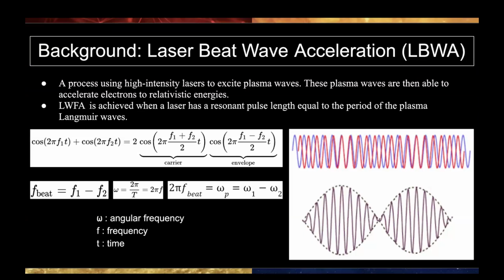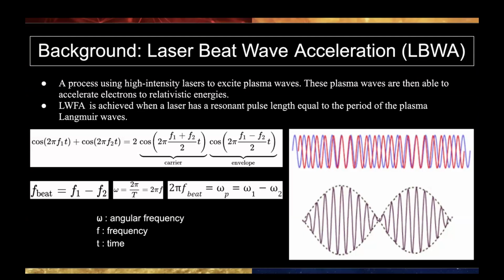So first, how do we understand the beat wave in terms of laser beat wave acceleration? Well, the bottom left equation represents the frequency of the beats using the first frequency minus the second frequency. Moving forward, you have the angular frequency, which is 2 pi over time, equaling 2 pi times the frequency.